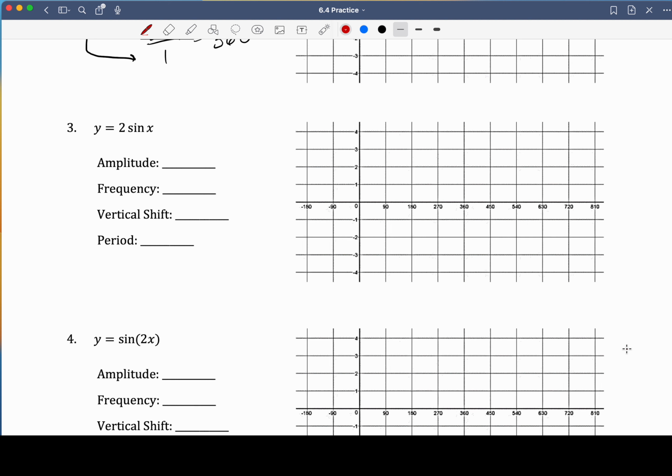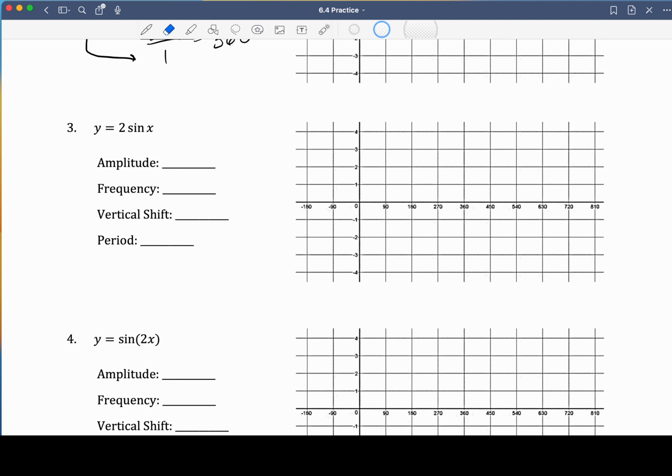Okay, so now let's move on to our next piece here. So in this case, our amplitude is 2. The 2's out in front. Remember, it's always positive. Wouldn't matter if that was a -2 out in front of sine. Our amplitude would still be +2. Our frequency is the number out in front of x. In this case, it's 1.